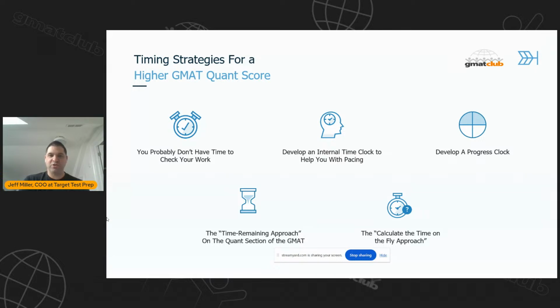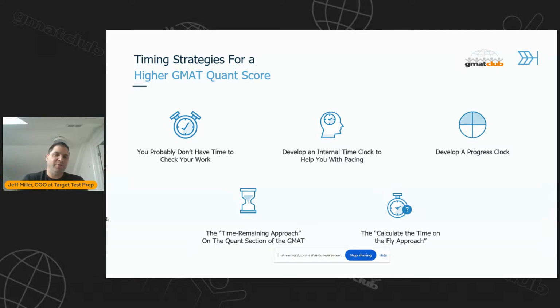Progress clock is huge. Basically knowing, hey, when am I at that 2-minute marker? When should I be thinking about jumping out of this question? But that only works when you know where you're at within the question. So you can practice with a stopwatch, with your iPhone, whatever it is, figuring out when it feels like 2 minutes has been up, so you can lean on that on your test.